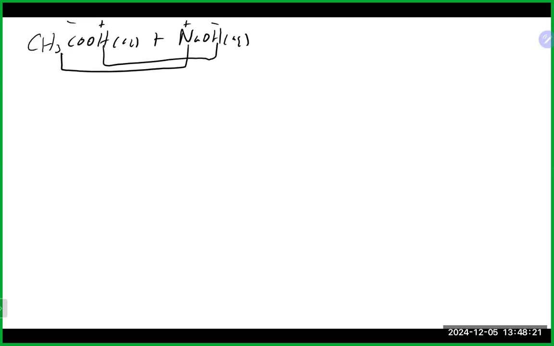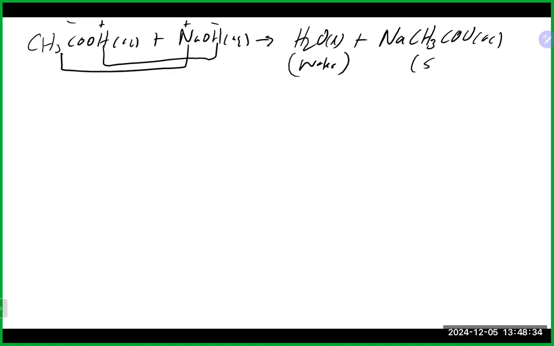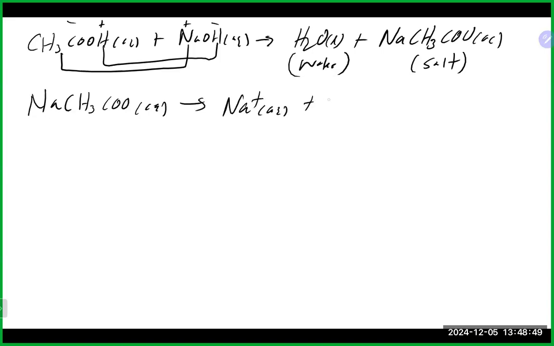And that's going to get us water and sodium acetate in this case. Again, that's going to be our water, and that's going to be our salt in this case. That salt, which is really the sodium acetate, will break apart in solution and break apart into a sodium ion and an acetate ion.